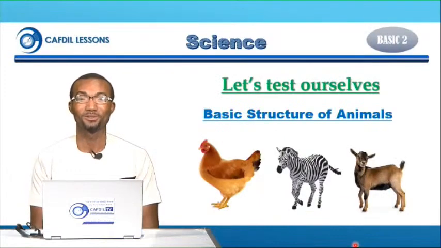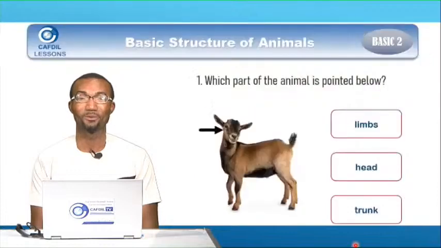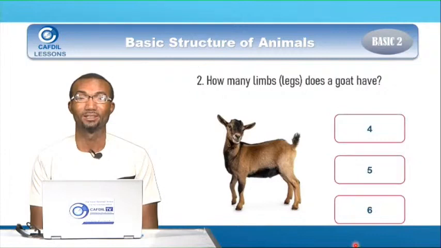Now, kids, as usual, let's go through this test to see how well you understood the lesson. 1. Which part of the animal is pointed below? So where the arrow is pointing, what is the name we give to it? Good, head. So this part is called the head. 2.